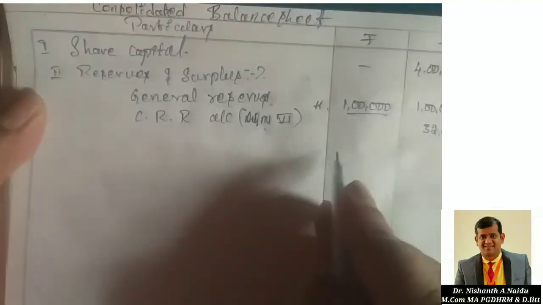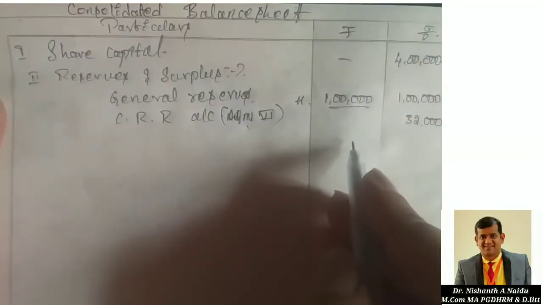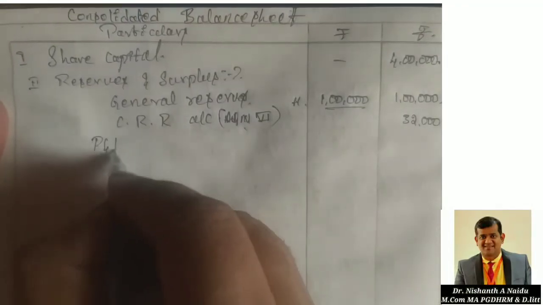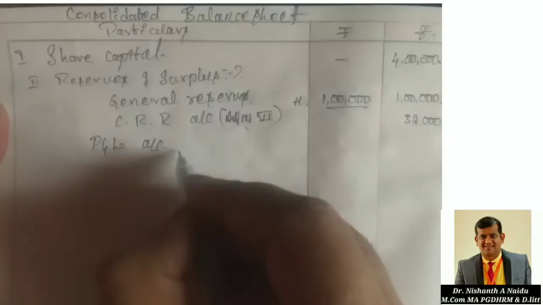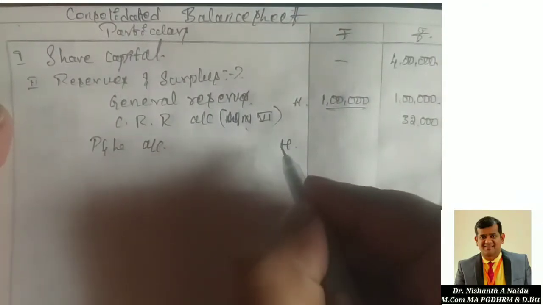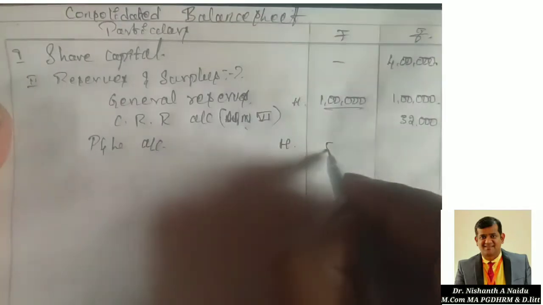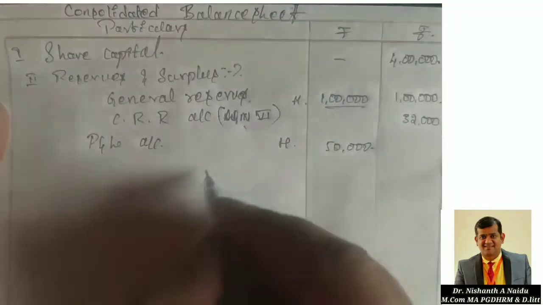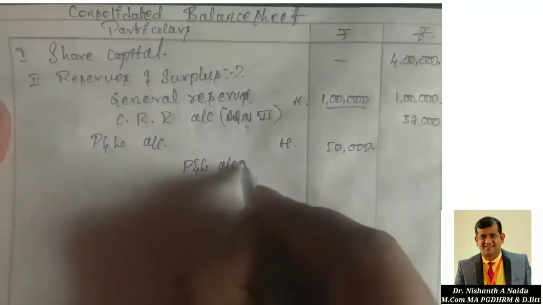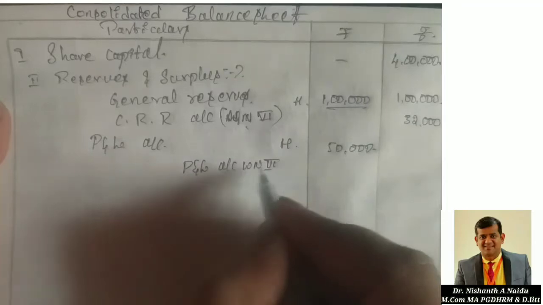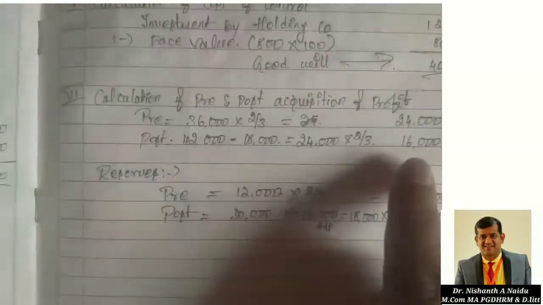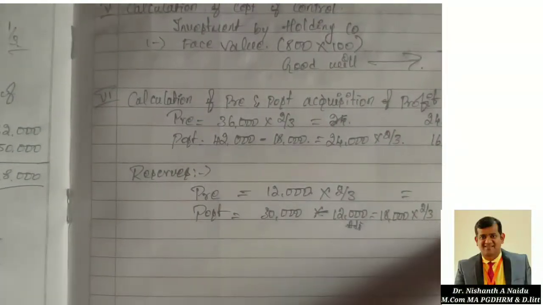Then we have to take the P&L account also. P&L account of H Company Limited, how much have they given? 50,000 rupees. So take that 50,000. Then the same way, P&L account, working note number 6: we have transferred 16,000 here and 12,000 here.